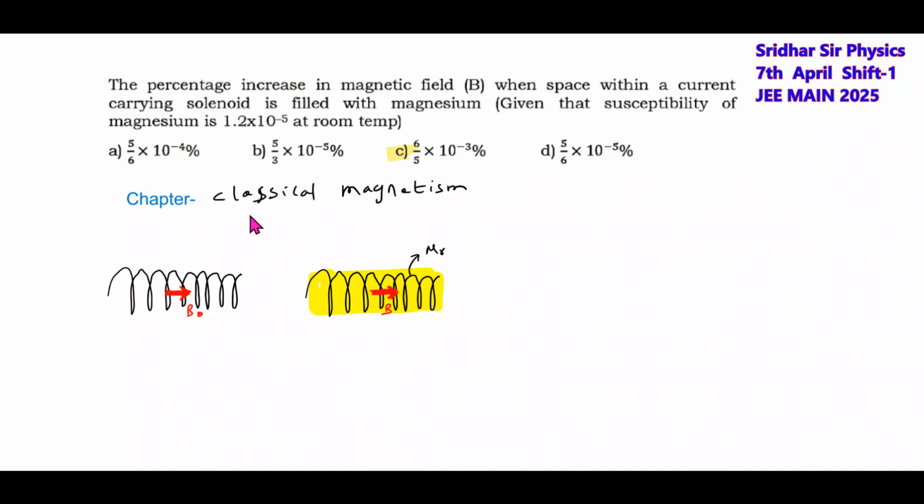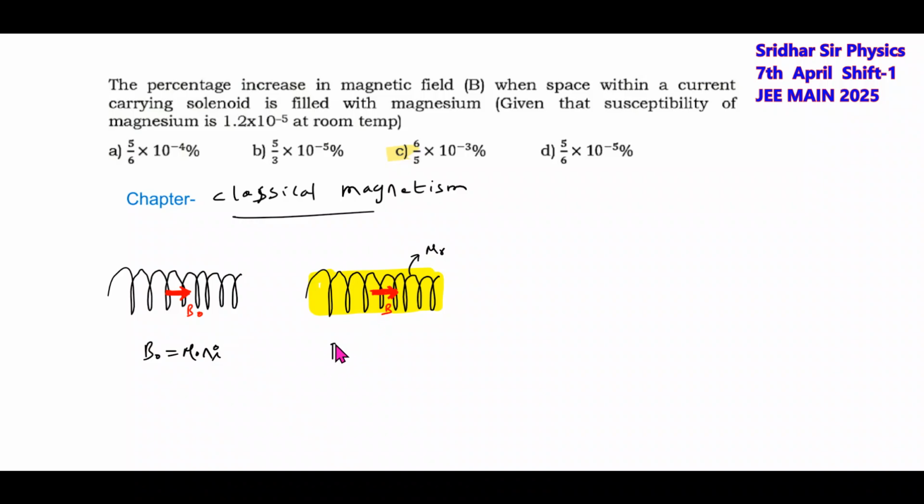This question belongs to classical magnetism. Find the percentage increase in magnetic field when the space within a current carrying solenoid is filled with magnesium, given the susceptibility of magnesium at room temperature. Earlier, what is the magnetic field strength? B equals mu naught N i.